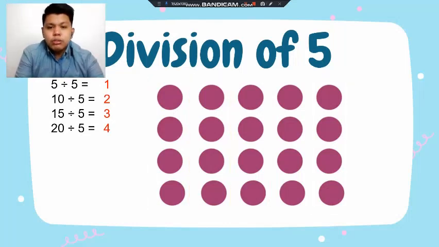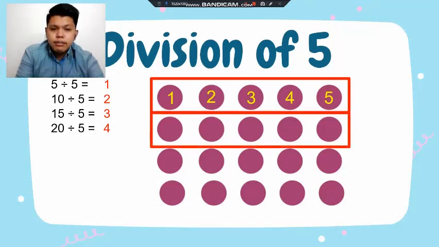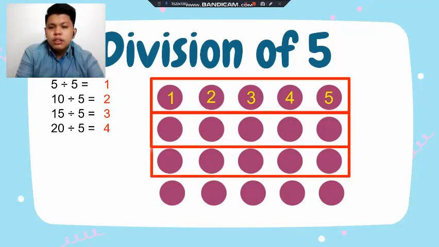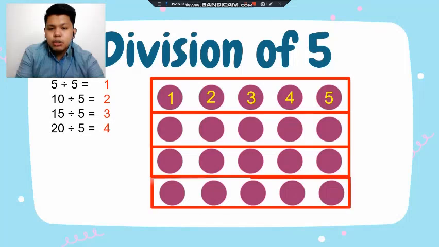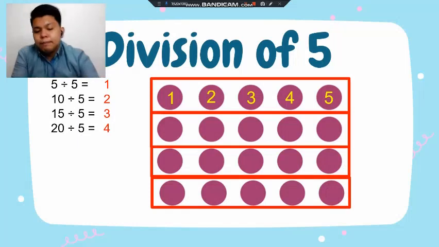You can also do the counting method, which is 1, 2, 3, 4, 5. So that is group 1, group 2, group 3, and group 4. Still, the answer will be 4.